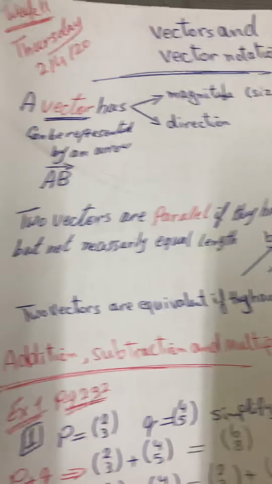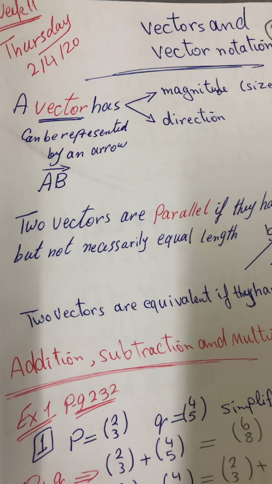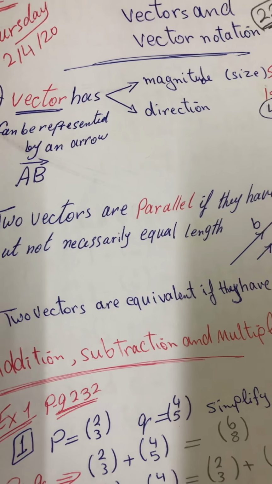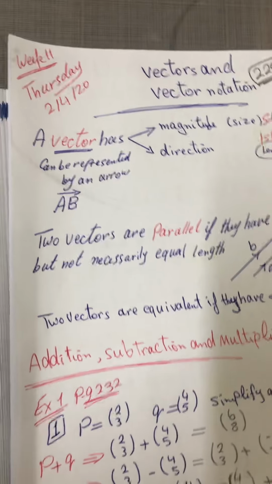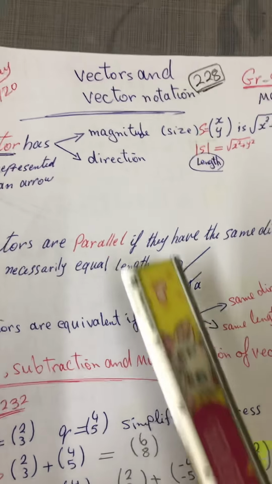What in our life can we represent by a vector? Like velocity, we can represent it by a vector, okay? And this vector we can draw as an arrow.